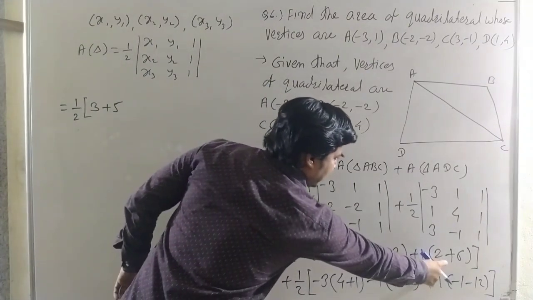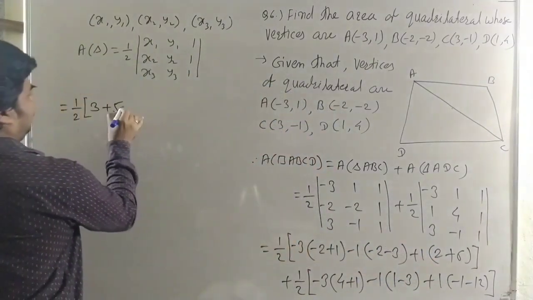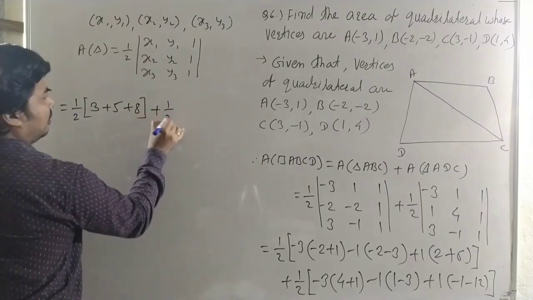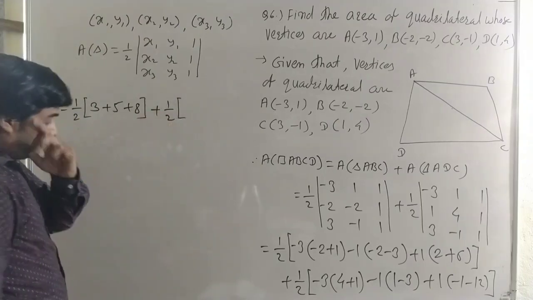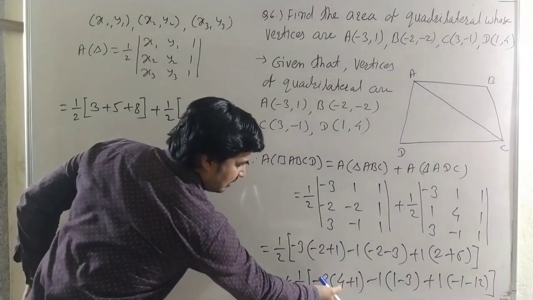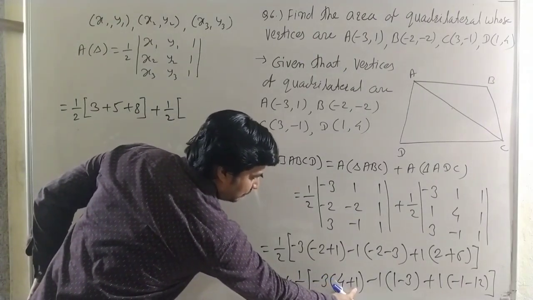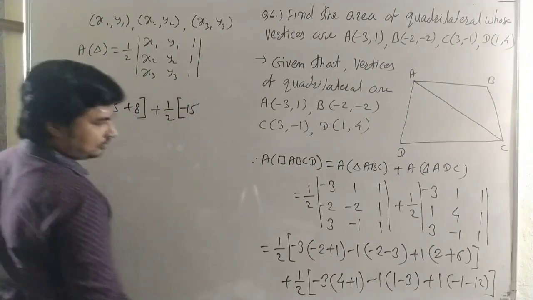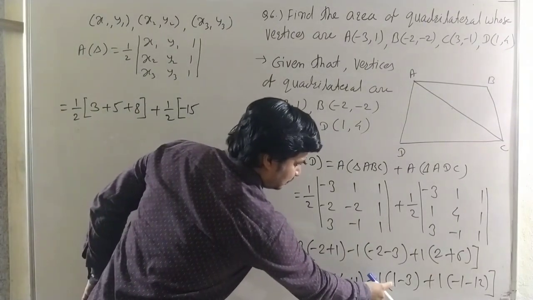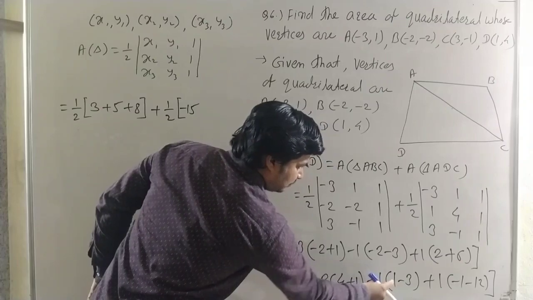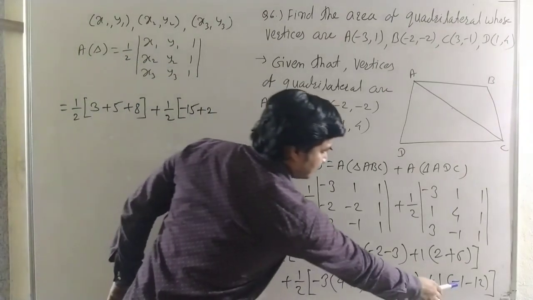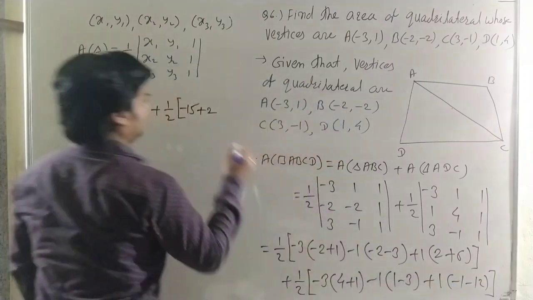And here 8 into 1 is plus 8. It is the area of triangle ABC. Plus 1 by 2 into, see carefully, minus 3 into 5 is minus 15. Then it is minus 2 into minus 1, which is plus 2. And then it is minus 13.